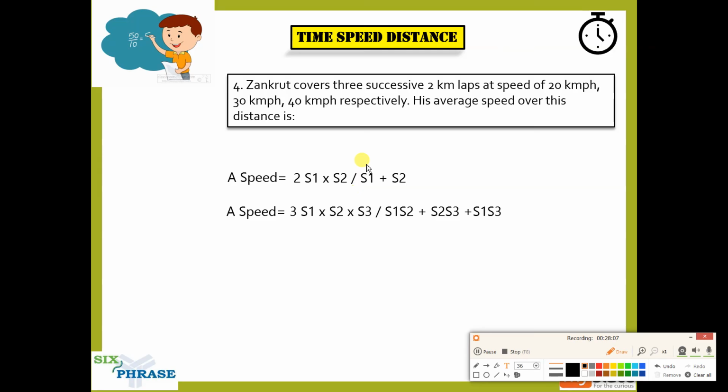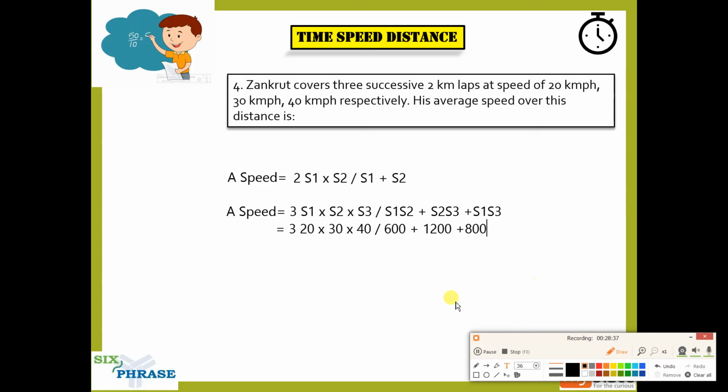So you just have to substitute the values here and you will get the answer, guys. You need not worry about what the speed is. So this becomes 3 into 20 into 30 into 40, divided by s1 into s2 which is 600, plus s2 into s3 which is 1200, plus s1 into s3 which is 800.